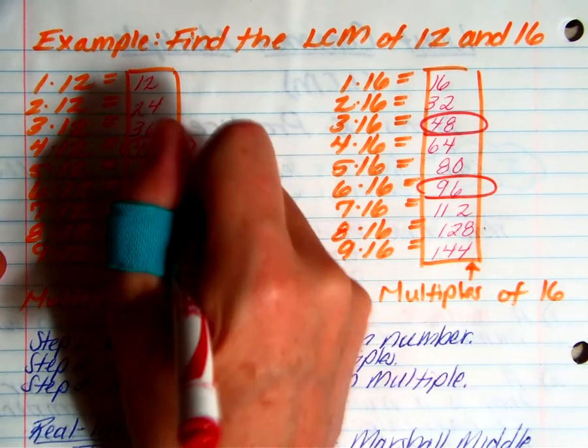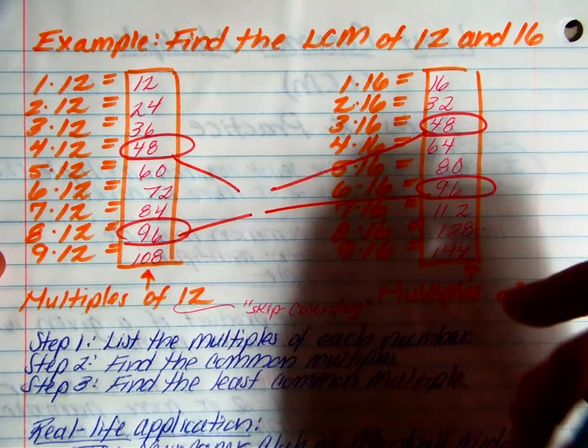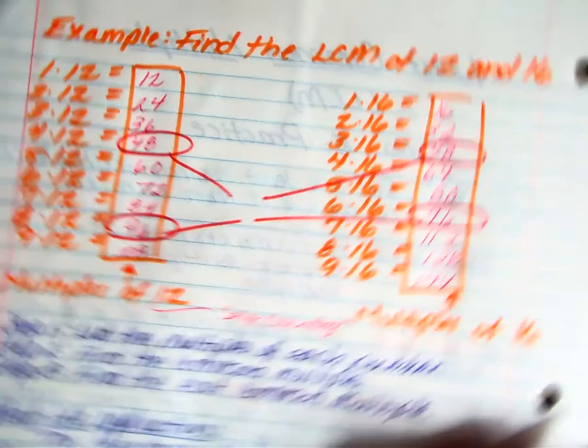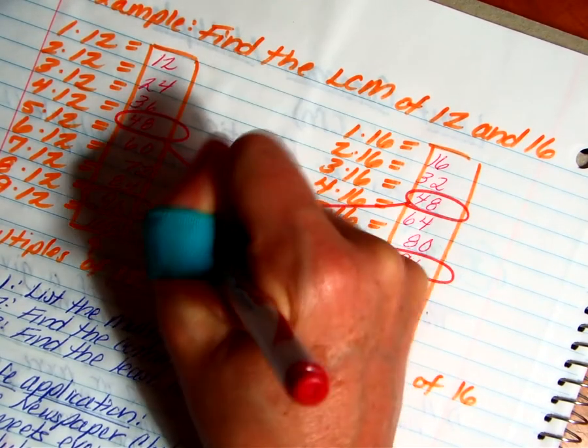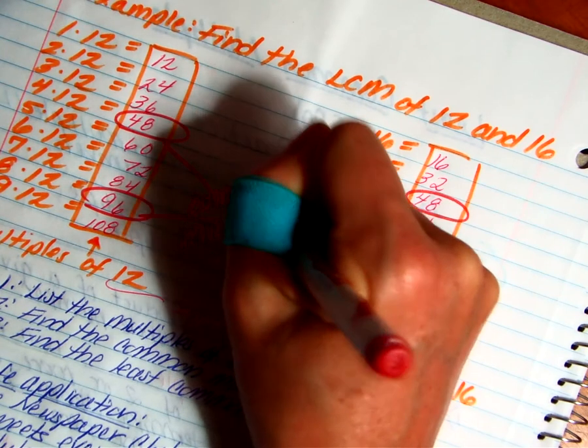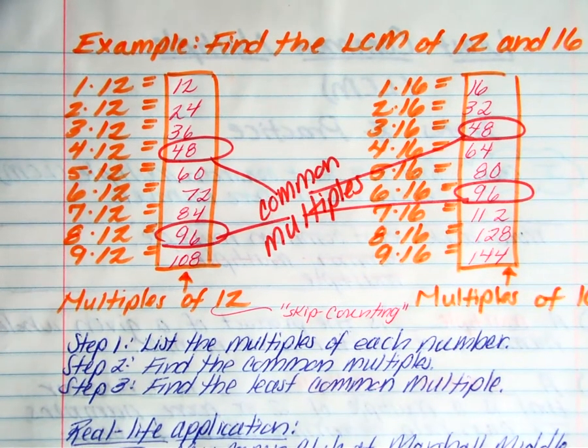These things that they share, that is what we call common multiples. Multiples that they share, multiples that they have in common. They share 48 and they share 96.